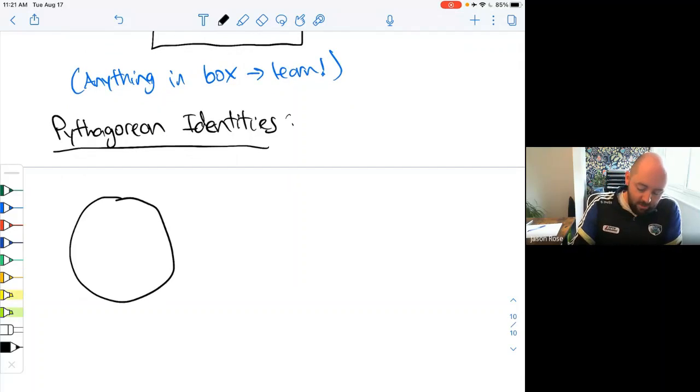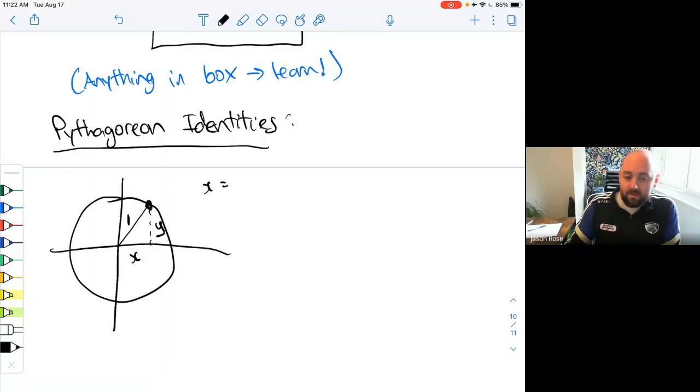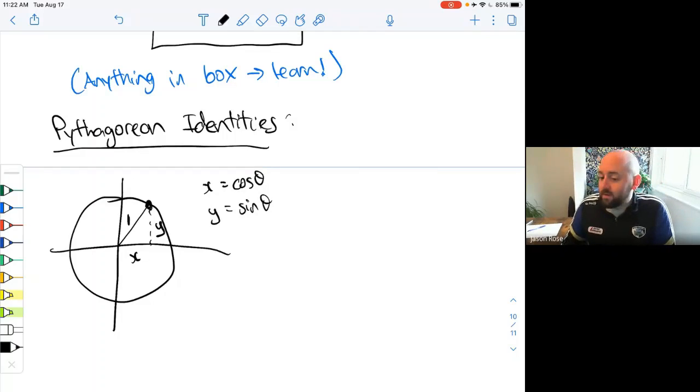If I draw my unit circle again and think about the first quadrant only for a second, if that's x and that's y, it's a unit circle, so the hypotenuse is 1. X is cosine theta and y is sine theta. What does Pythagoras' theorem tell you about right angle triangles?